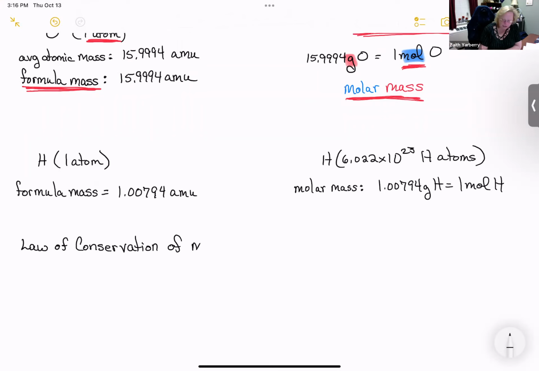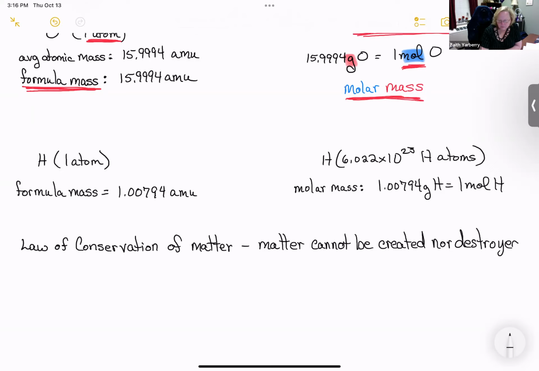Or of matter. Let's start with matter. Law of conservation of matter basically states that matter cannot be created nor destroyed. Now, what does that mean?